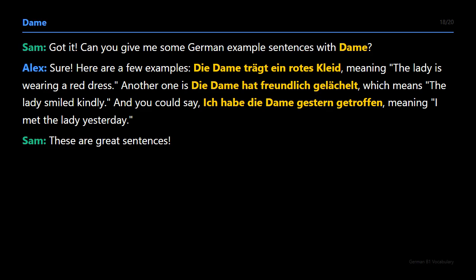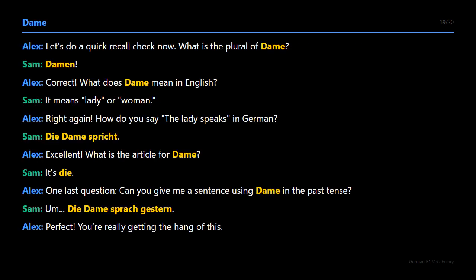These are great sentences. Let's do a quick recall check now. What is the plural of Dame? Damen. Correct. What does Dame mean in English? It means lady or woman. Right again. How do you say the lady speaks in German?